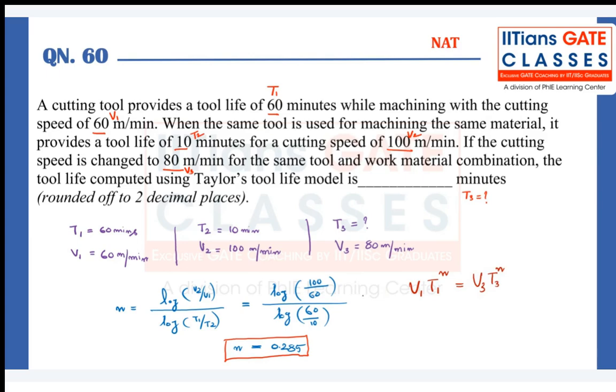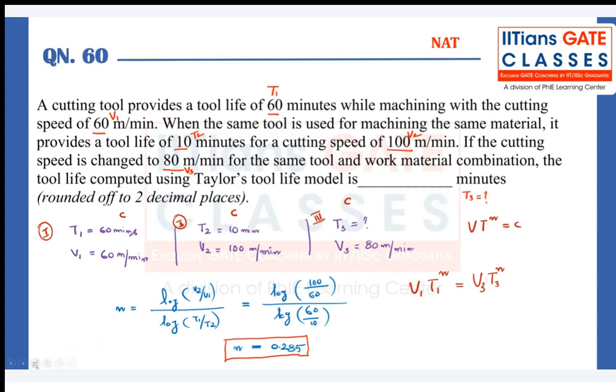We know the equation V T power n equals C, so C is the same for all three cases. Because of the same material and same machining conditions, I wrote V1 T1 power n equal to V3 T3 power n. Very simple. Substitute all the values.